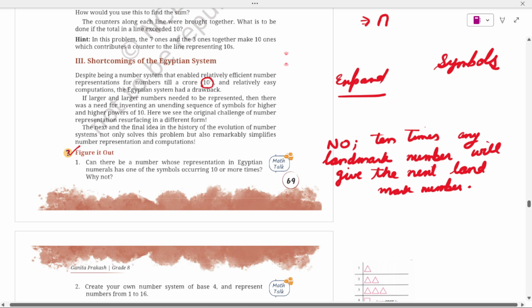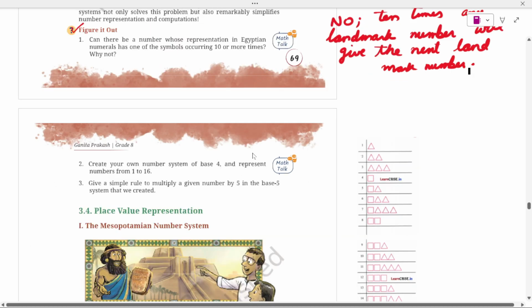Okay. I have taken these symbols: 4 raised to 0 is a triangle, 4 raised to 1 is a square, 4 raised to 2 is a circle. On the basis of this, the generation from 1 to 16 would be like this, right? 1 is 1 triangle, 2 is 2 triangles, 3 is 3 triangles.